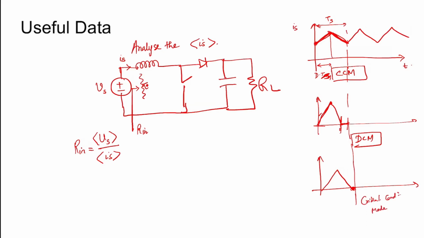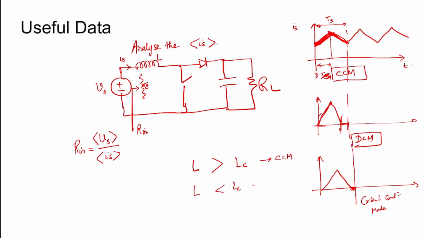Now we need to see out of these three which one is our operation mode, because that will decide Is, and this is decided solely by the inductor value we use. So L, there is a particular threshold L critical, which if it is crossed will lead to continuous conduction mode of operation.